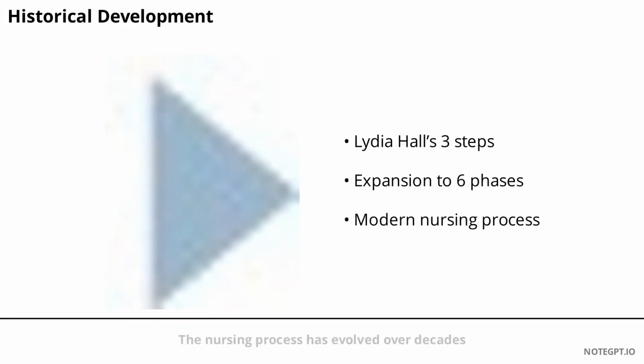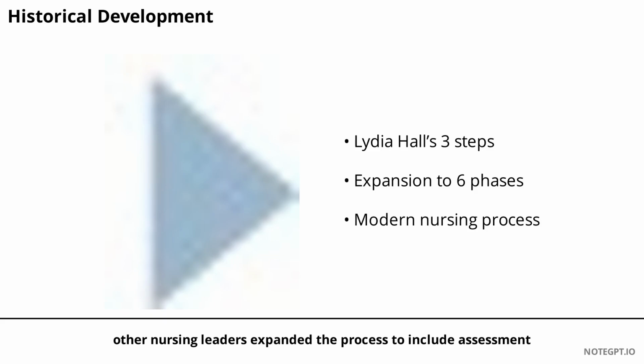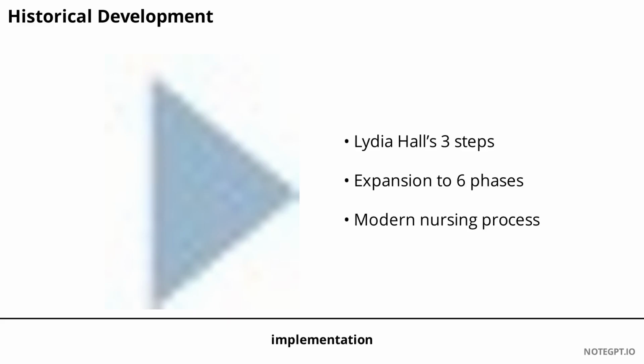The nursing process has evolved over decades. In 1955, Lydia Hall first mentioned the term introducing 3 steps: observation, administration of care, and validation. Over time, other nursing leaders expanded the process to include assessment, planning, implementation, and evaluation.